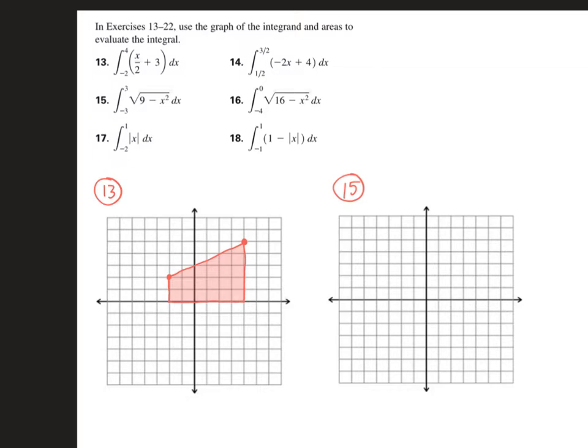Since this is a trapezoid, we'll look at the bases. That's 2, that's 5, those are the bases. And then the height is really this horizontal distance, which is 6.